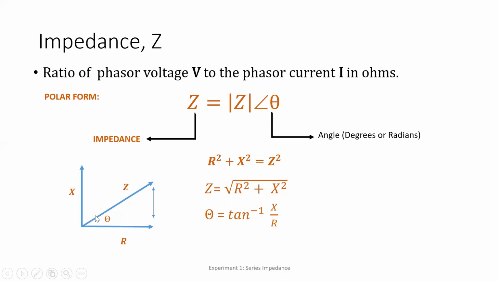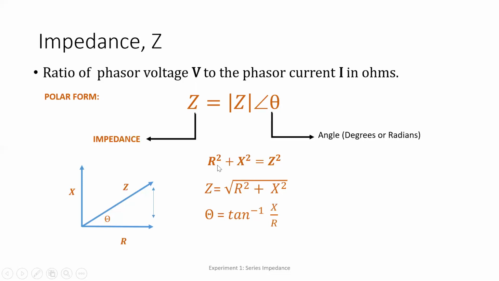This one is our x-axis, our resistance, while our y-axis is the reactance, and the resulting vector is the impedance. This one is the angle, theta. We can use the Pythagorean theorem to solve for Z and also the angle theta.